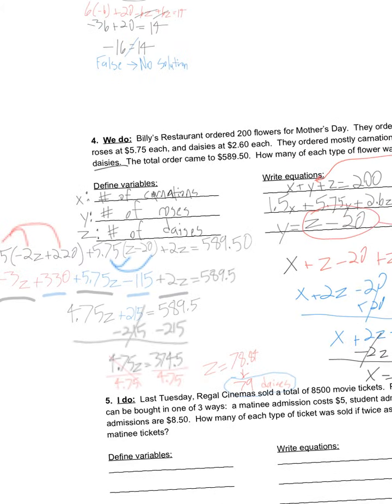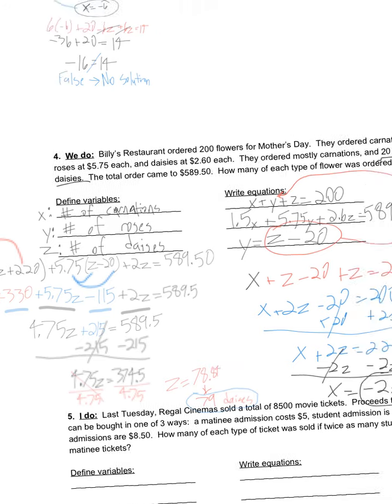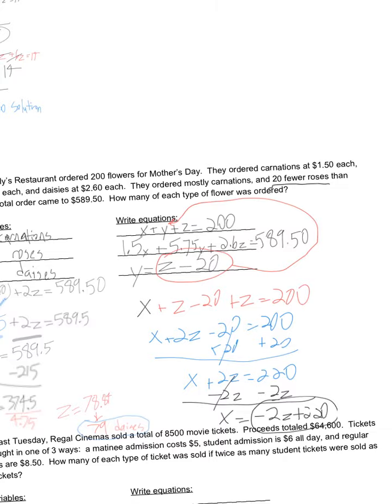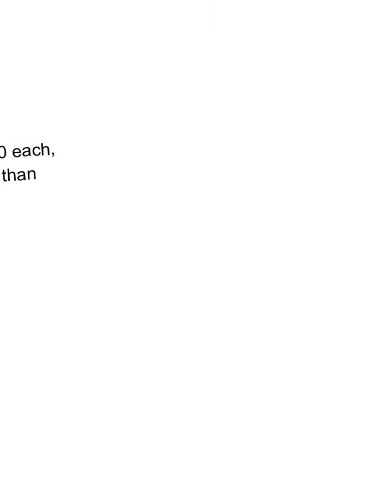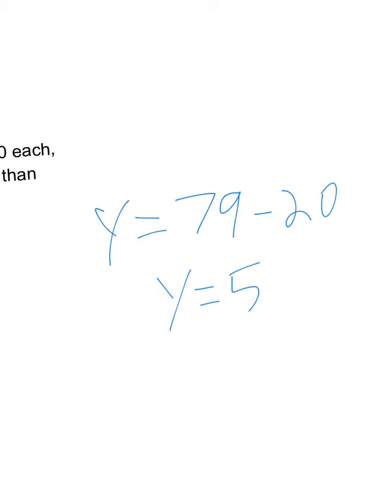And if we get any decimals for the next three answers, we'll just round them up to the nearest whole number. So y equals z minus 20. So I'm going to go y equals 79 minus 20. So y equals 59, and that was roses.